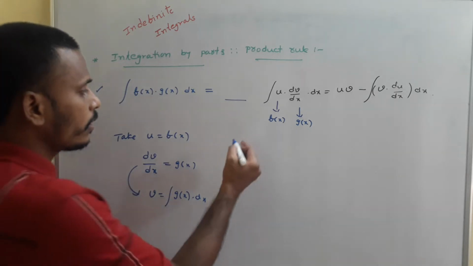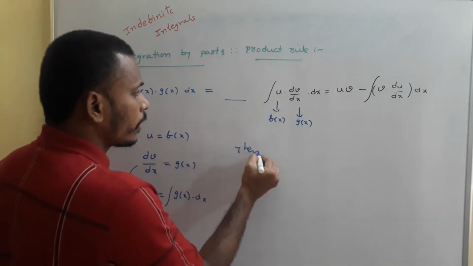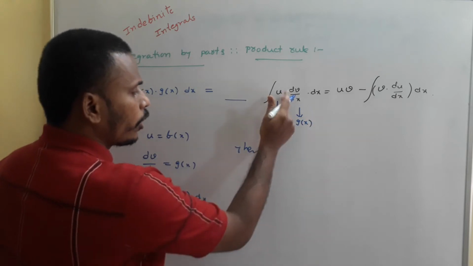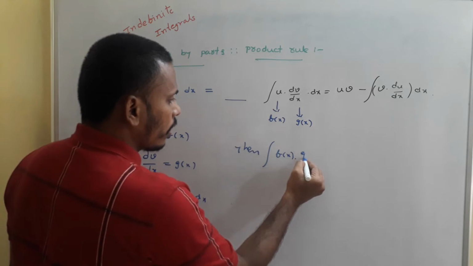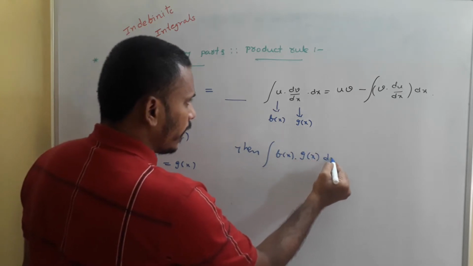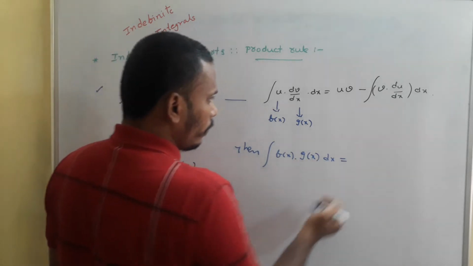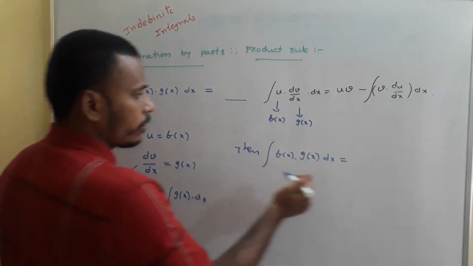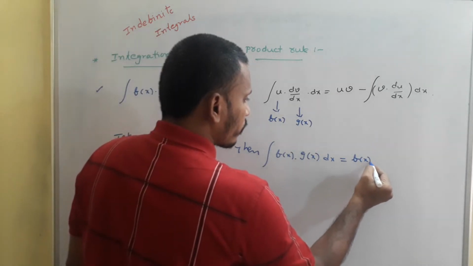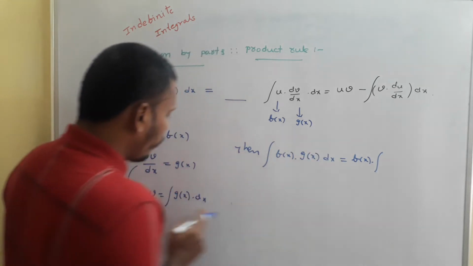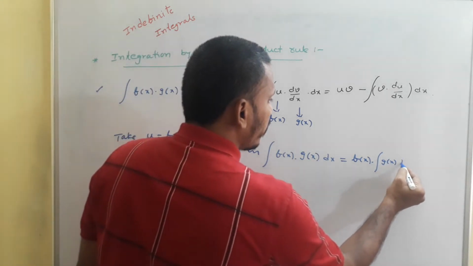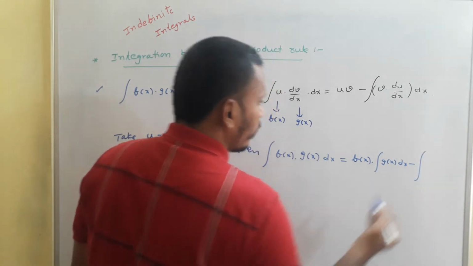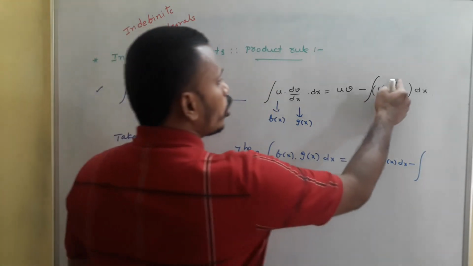Okay. Then the integral of u, which is f of x, into dv by dx, which is g of x, dx is equal to u, the first function f of x, into the integral of g of x dx, minus the integral of du by dx.